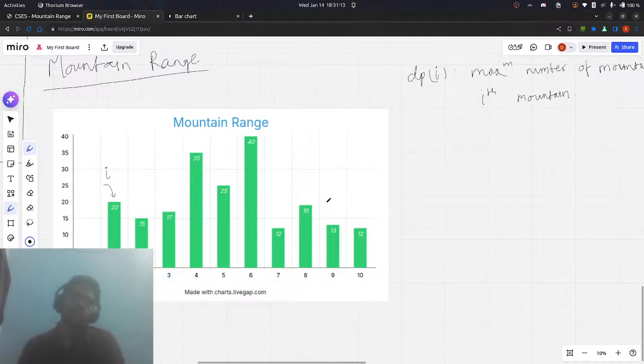Or we can check for the mountains in both directions, such that it does not violate the conditions, right? For example, from 40, you would want to go to 35 or 25 or any other, but from 25 you would not want to go to 17 because 35 is in between, right?